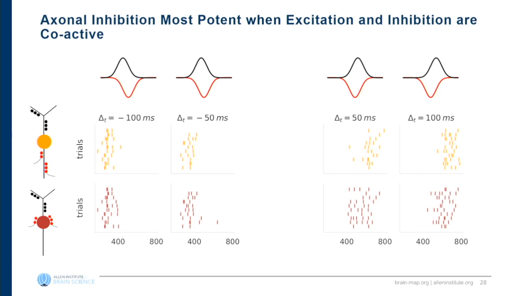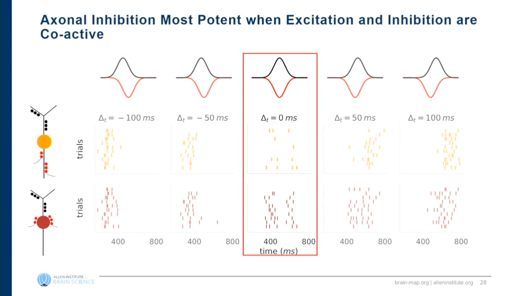And here you can see that when the excitation and inhibition are offset by some time, the pyramidal cell spiking output between the 2 cases on top and bottom is comparable. But when the excitation and inhibition are coactive, that's when the axonal inhibition is much more effective in reducing the spiking of the pyramidal cell than the somatic inhibition.